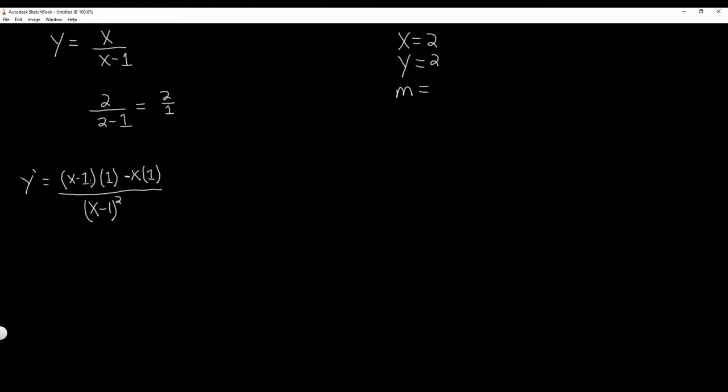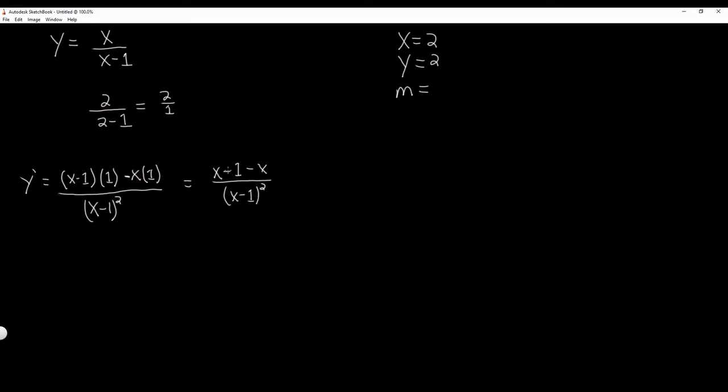x minus 1 times 1 is just x minus 1, and then x times 1 is just x, so this is going to be simplified into x minus 1 minus x, all divided by x minus 1 squared.